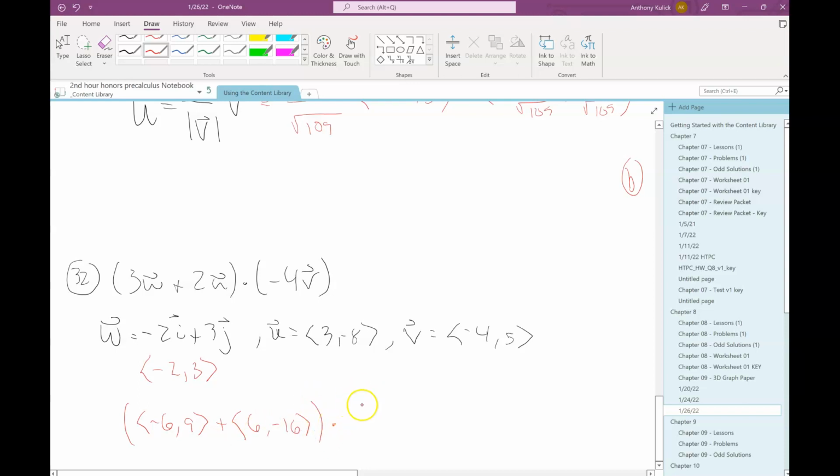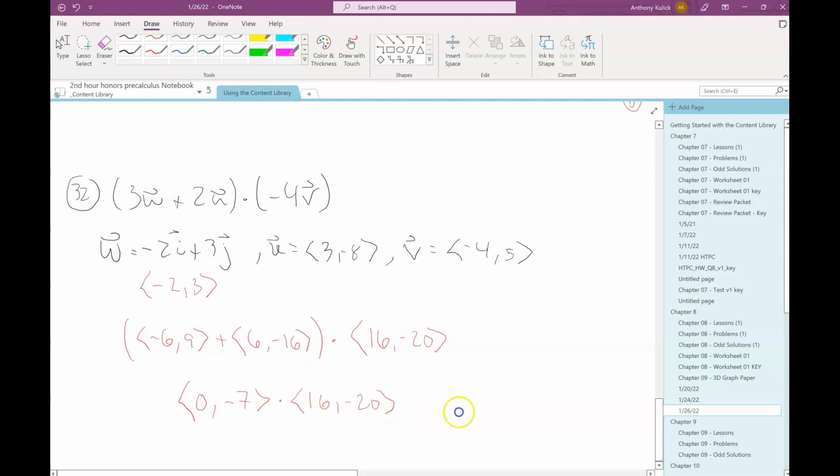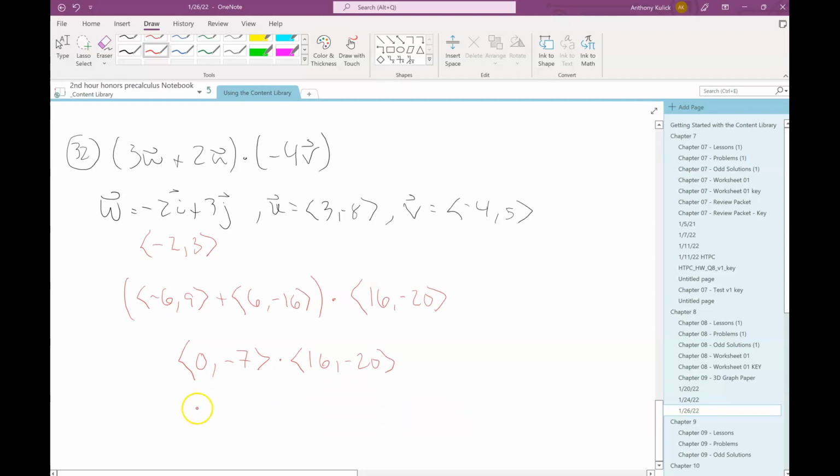Negative 4v becomes 16, negative 20. I add the first two vectors together, which gives me 0, negative 7. Then I do the dot product: multiply the x components and multiply the y components. That gives me 140.